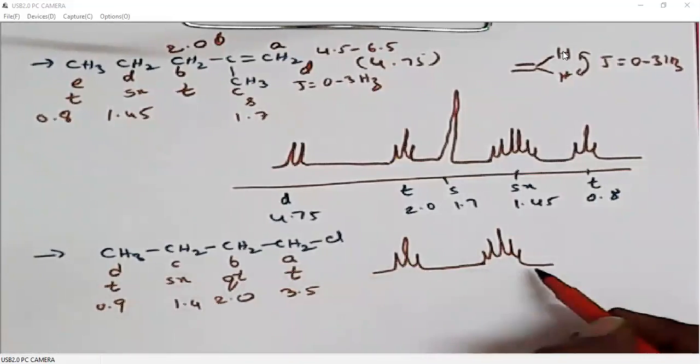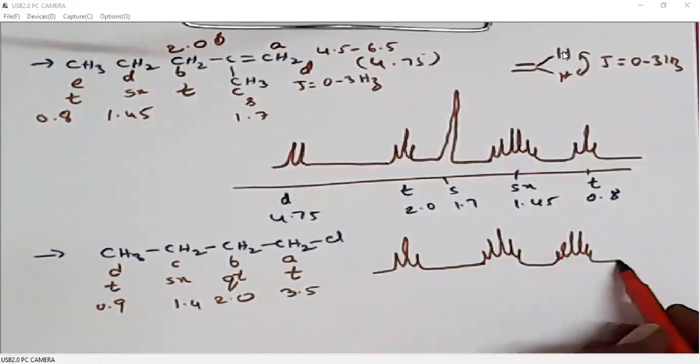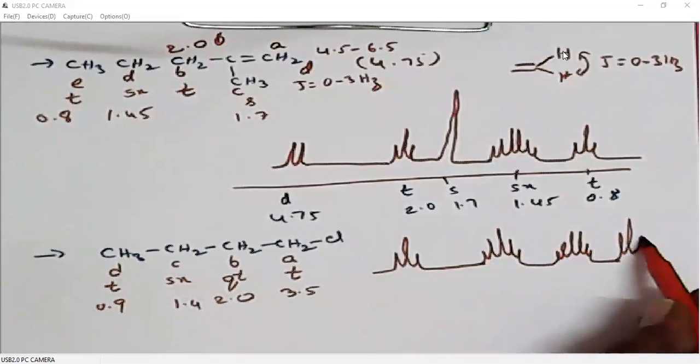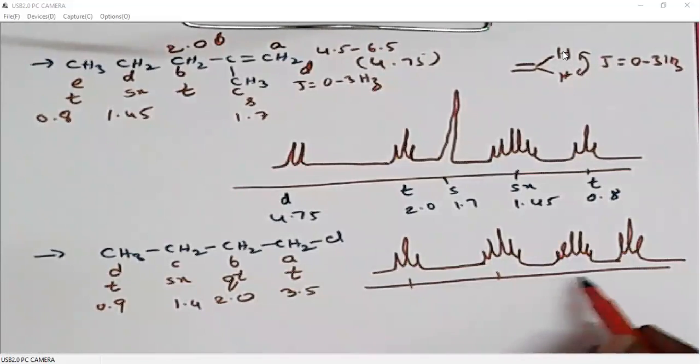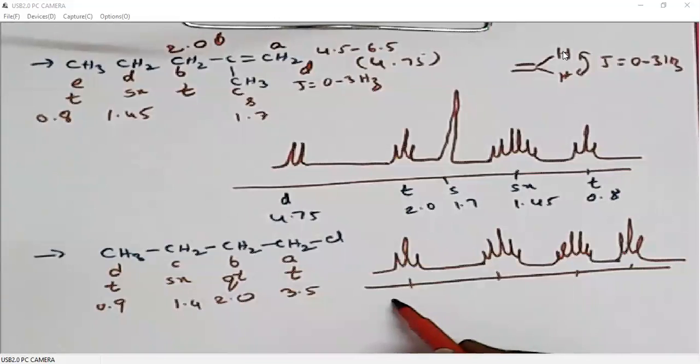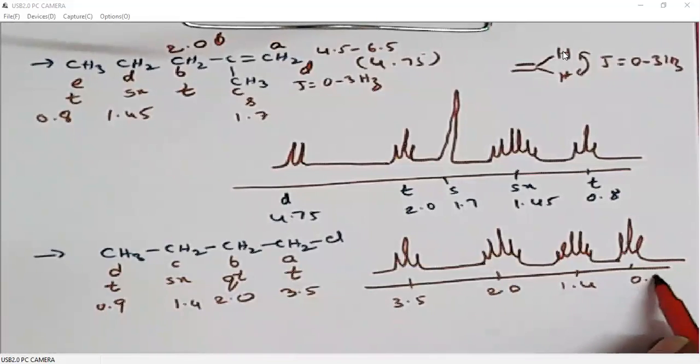Then this proton is giving a sextet, 1, 2, 3, 4, 5, 6. Then it is giving a triplet. So like this, we can easily predict the delta values, their order of frequencies, and the multiplicities when we are given a compound.